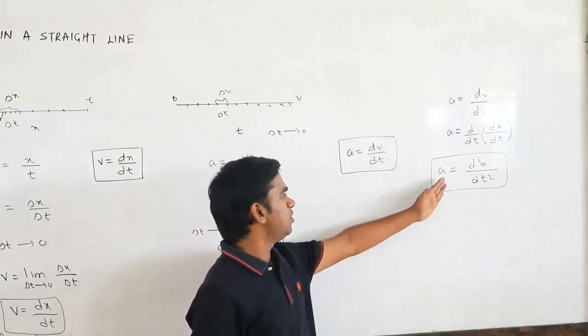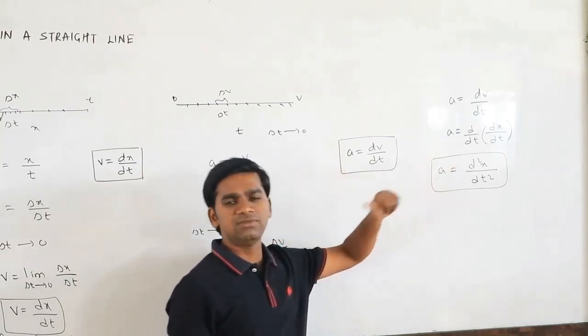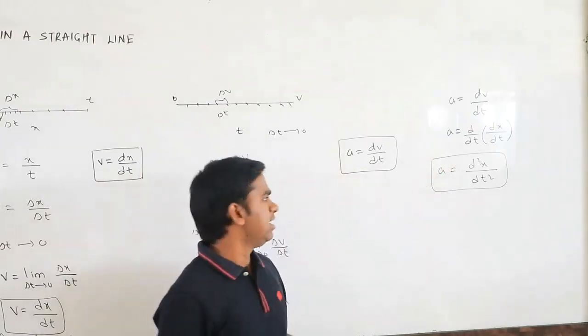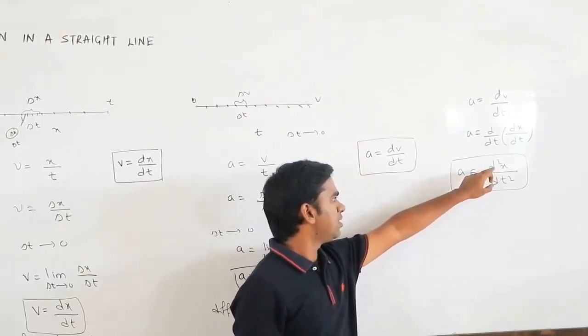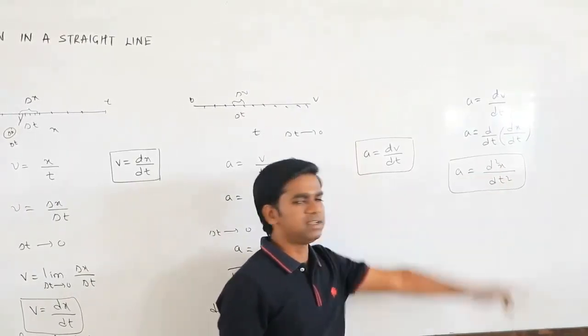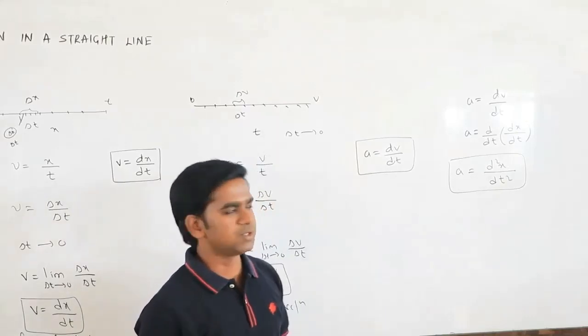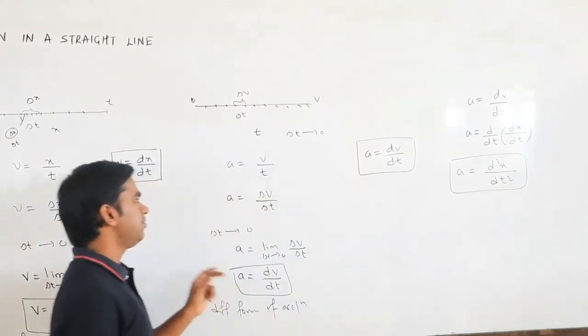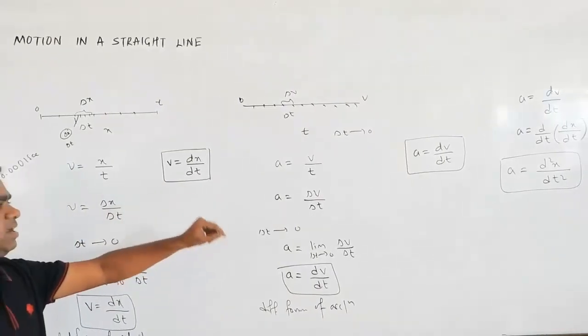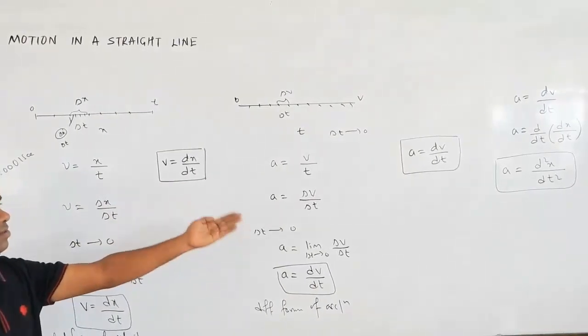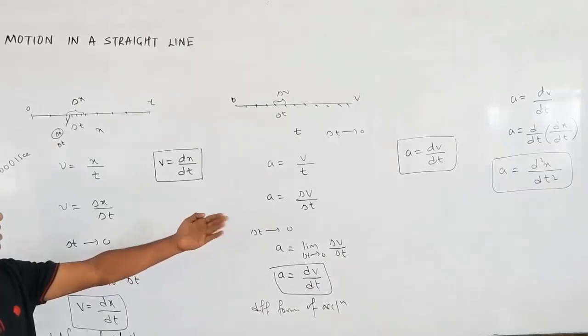This is acceleration in the form of a differential equation, where displacement x and t are variables. So as of now, remember v equals dx by dt, a equals dv by dt, and acceleration you can also write as d square x by dt square.